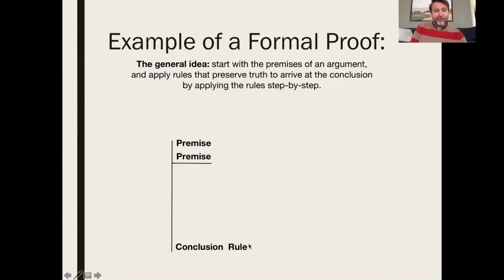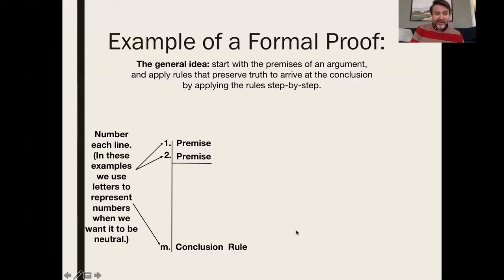Okay, so here's an example. So we have here a Fitch line with some premises drawn above the Fitch bar, and we know that eventually we're going to derive the conclusion from a certain rule here. We may not know where exactly to put the conclusion, but we want to be mindful that this is where we want to end up, whatever this sentence happens to be. So we have the premises.